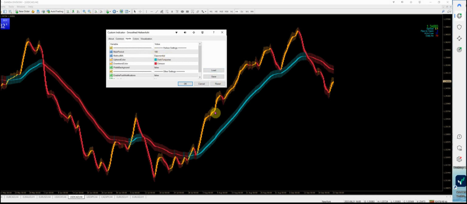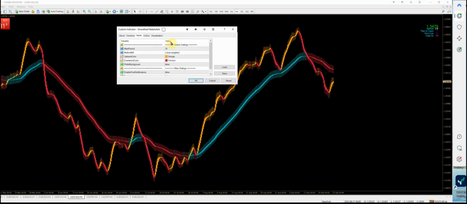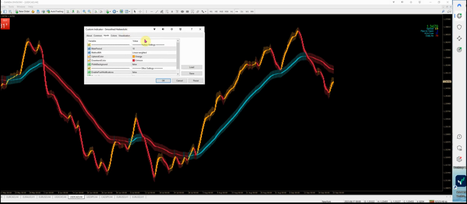If I added a regular 100 period exponential moving average, it would lay perfectly over this one. And this one is set to 10 periods, linear weighted, which is a little bit more sensitive than exponential, but they're pretty close.